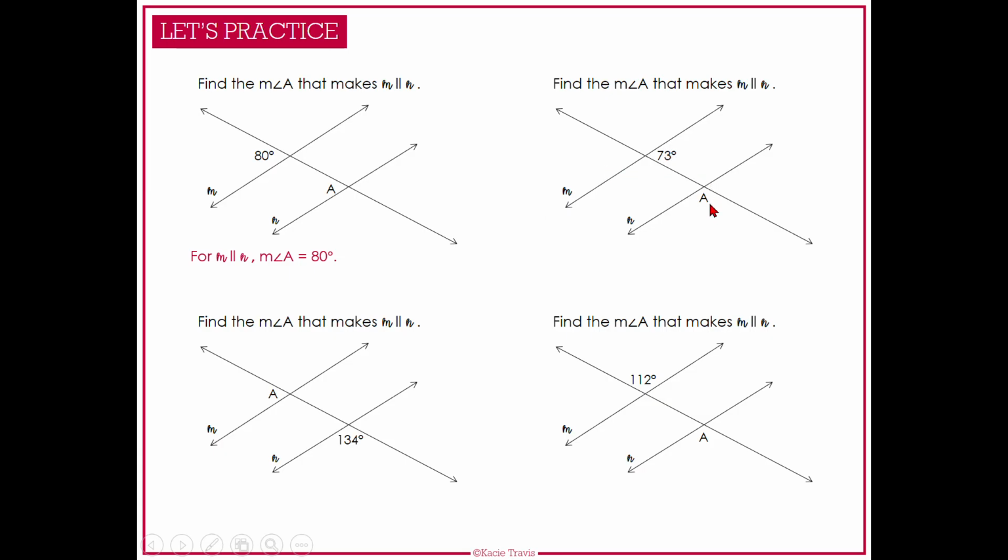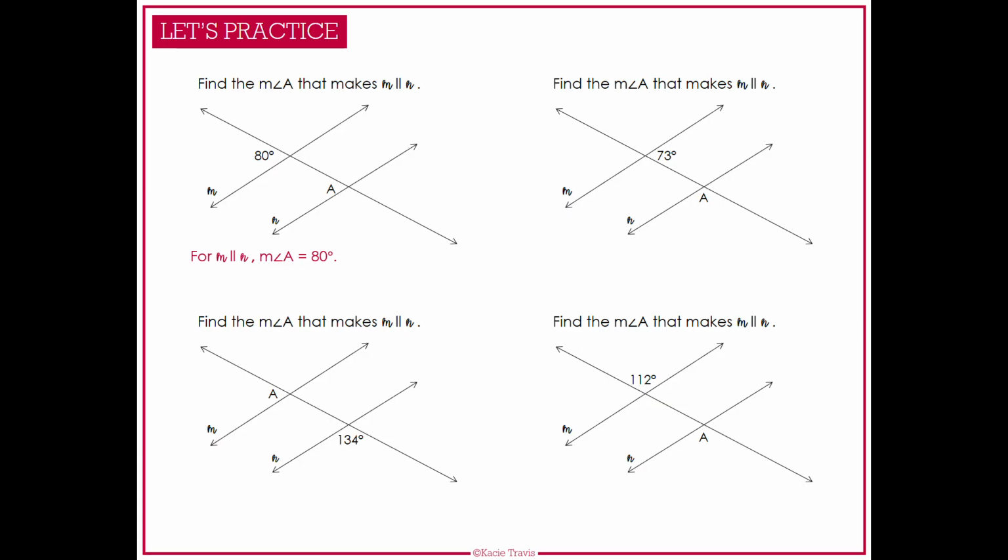So, next one we're looking at what angle can A be for these two to be parallel. So if I look at 73 here, 73 and A, they're not an angle pair, but I do know something about another angle that's like 73. This angle here next to A, it's 73. They're both corresponding.